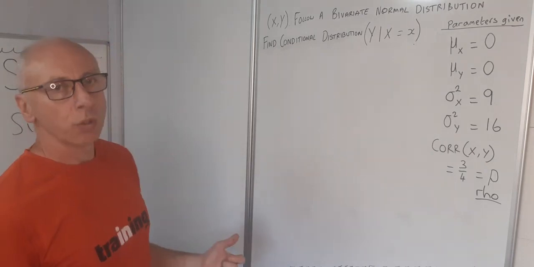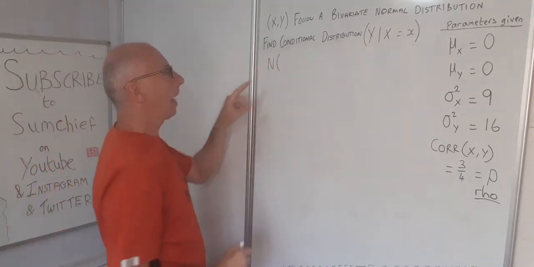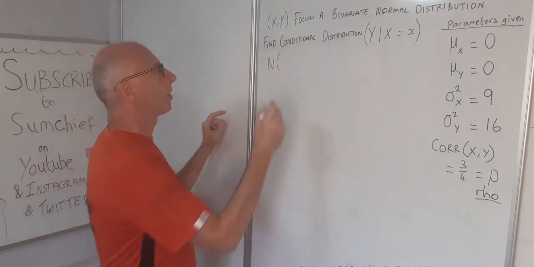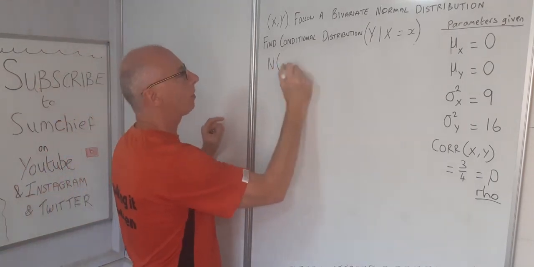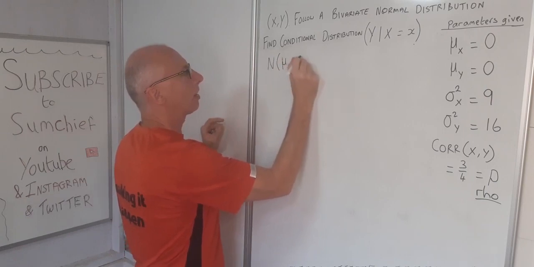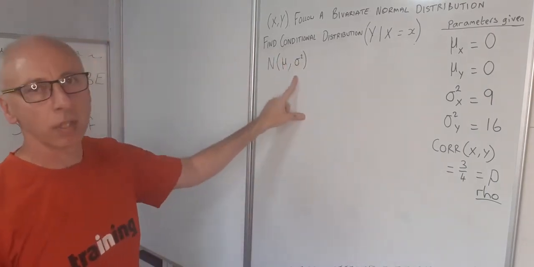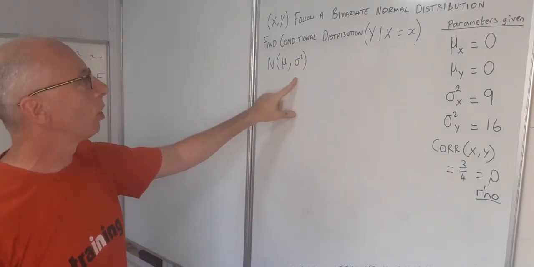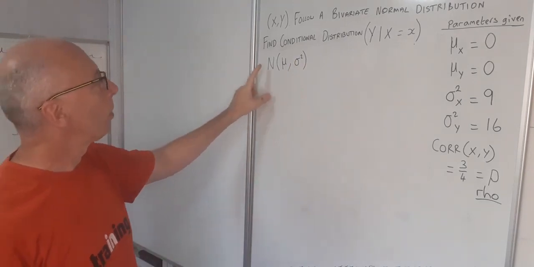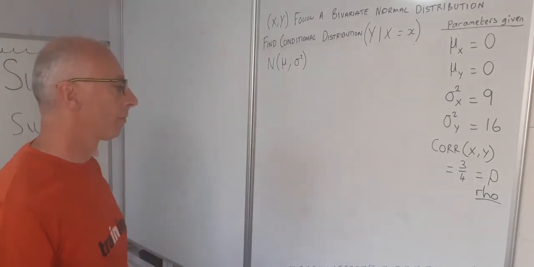So a normal distribution will be written as N. And then we give the mean first, so that's mu, and then sigma squared, which is the variance. Now that's quite an accepted way of writing a normal distribution, but we're looking for something different here. We're looking for a conditional distribution.